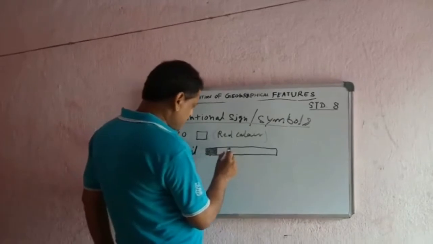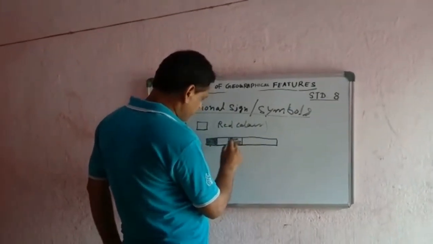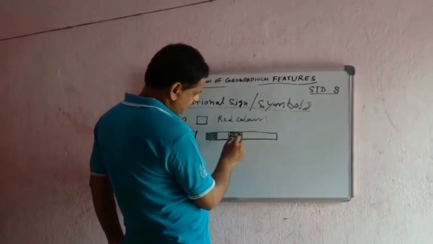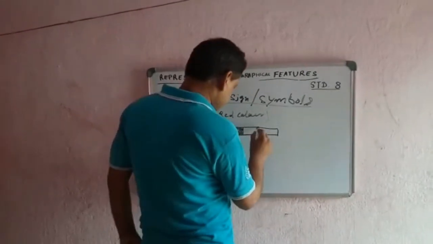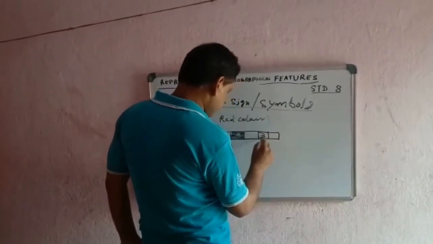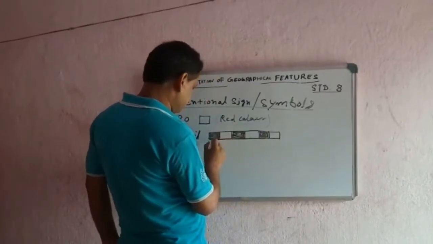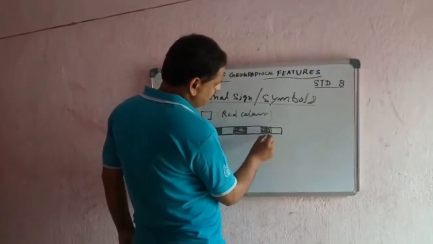Black color here, same, fill black color here, fill black color here. This is the sign of railway.